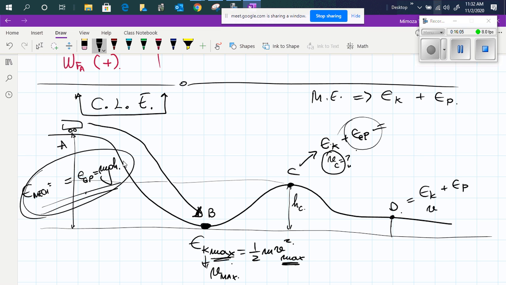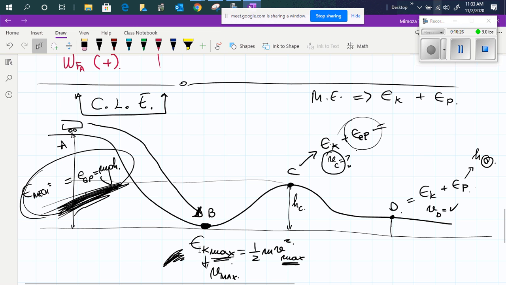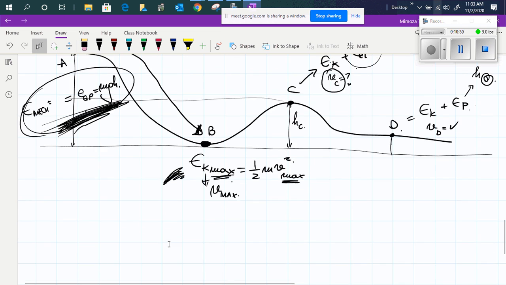If you know the velocity at point D, then you can find the height at point D, using the fact that the sum of the two is equal to either the gravitational potential energy at point A or the kinetic energy at point B. This is a very typical question when there is no friction that is lost.